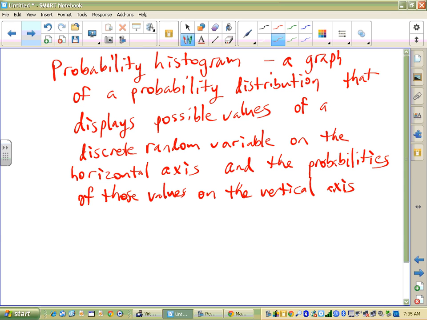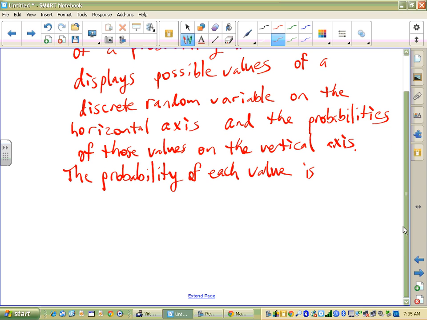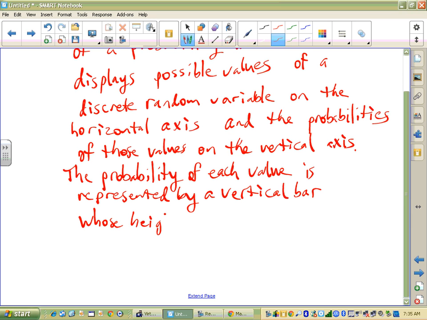The probability of each value, a new sentence: the probability of each value is represented by a vertical bar whose height equals the probability.